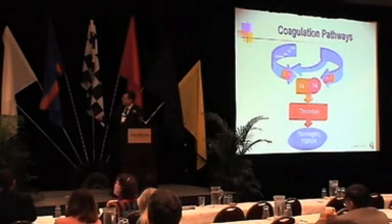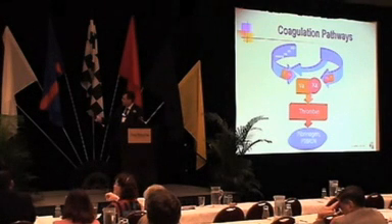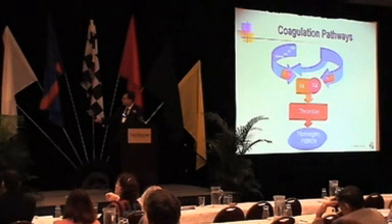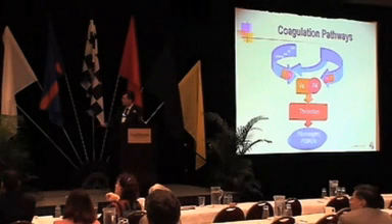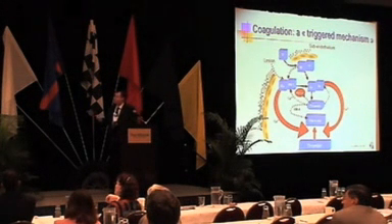So this schema reminds the coagulation pathways, intrinsic and extrinsic, with the crossroads at factor 10A, thrombin generation, and fibrinogen. And this is a triggered mechanism.